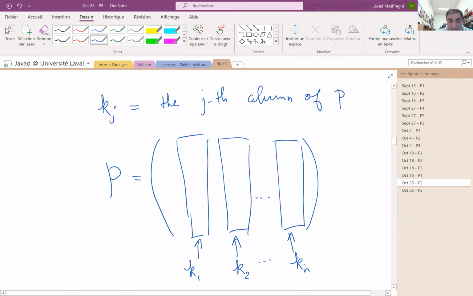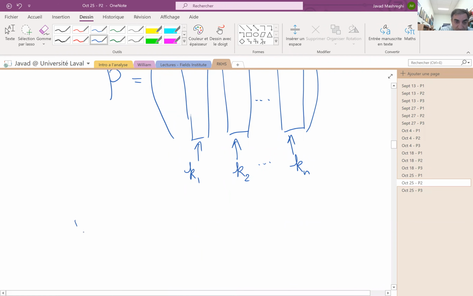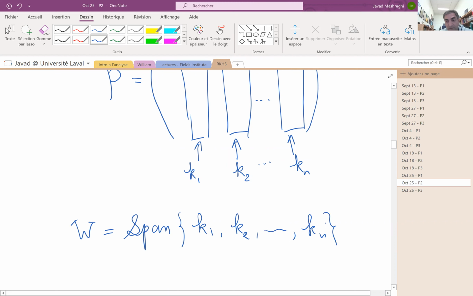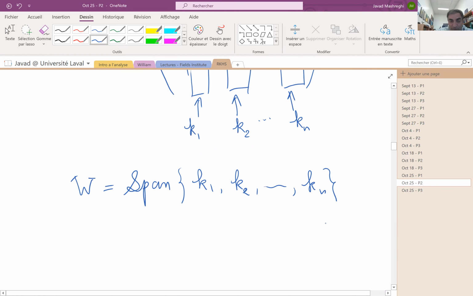And W is the span of these kernel functions. And you see immediately this is equal to the range of P.